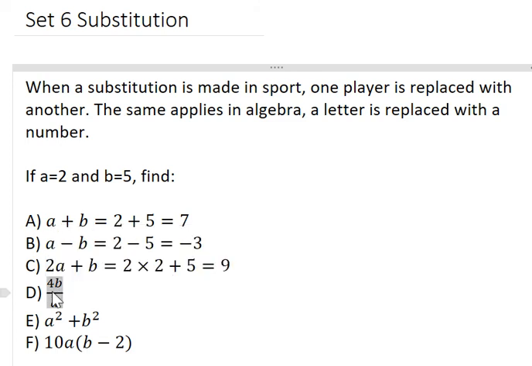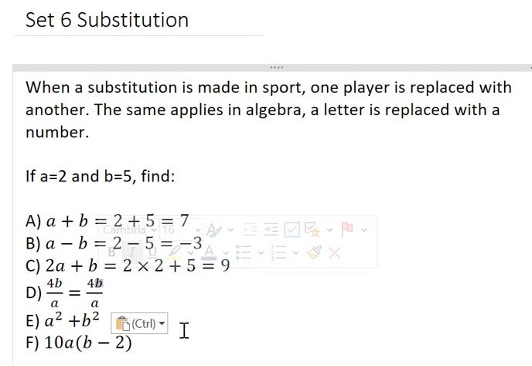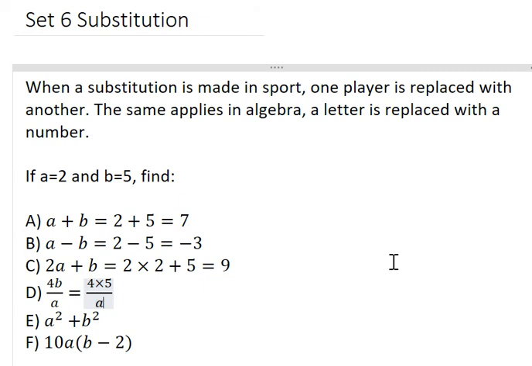All right, next. I actually might copy and paste this bit here before we start, just to make it easier for me. So, I've got 4 lots of B. Now, instead of the B, I'm going to write 4 lots of 5, because B is 5. And instead of this A, I'm going to change my A to the number 2, because A is equal to 2.